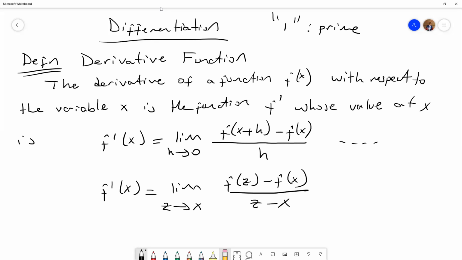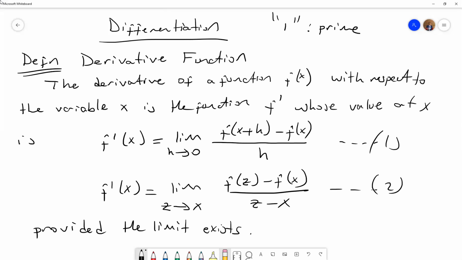We can use either this one or the second one. These are the formulas for differentiation and the derivative of the function, of course provided the limit exists.